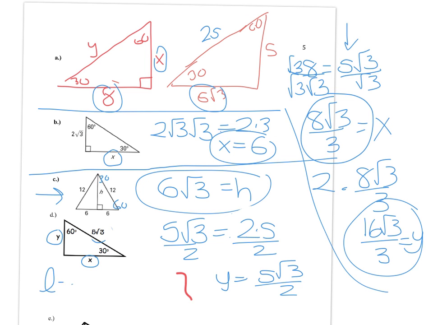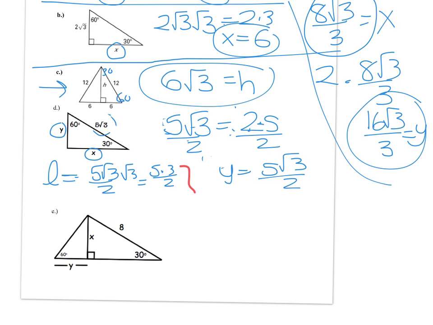For my long side, I've got to take 5 radical 3 over 2 and multiply it by radical 3. That's going to give me 5 times 3 over 2, which gives me 15 over 2. So my x is 15 over 2.